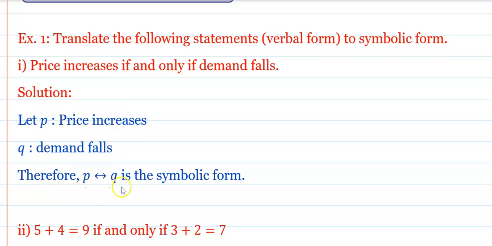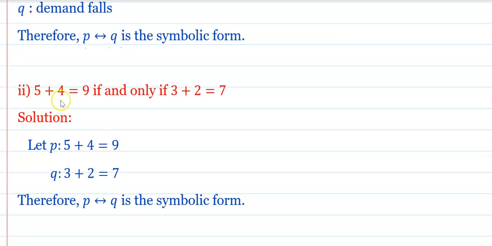Therefore, P double implication Q is the symbolic form. Next, 5 plus 4 equals 9 if and only if 3 plus 2 equals 7. Now P is 5 plus 4 is 9. Q, 3 plus 2 is 7. And therefore, P double implication Q is the symbolic form.